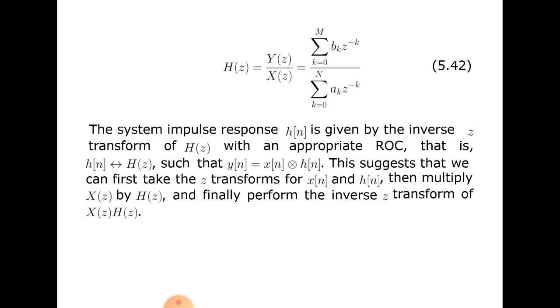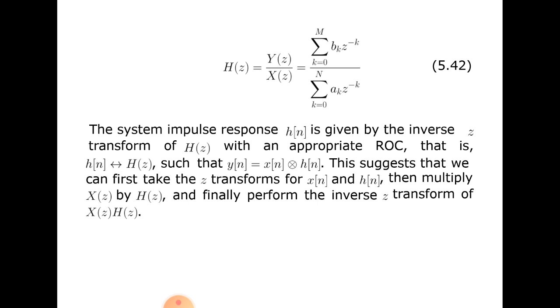So the system impulse response is given by the inverse transform of H(z) with an appropriate ROC, such that y(n) is equal to h(n) convolved with x(n), and Y(z) is equal to X(z) H(z), that is the transfer function.